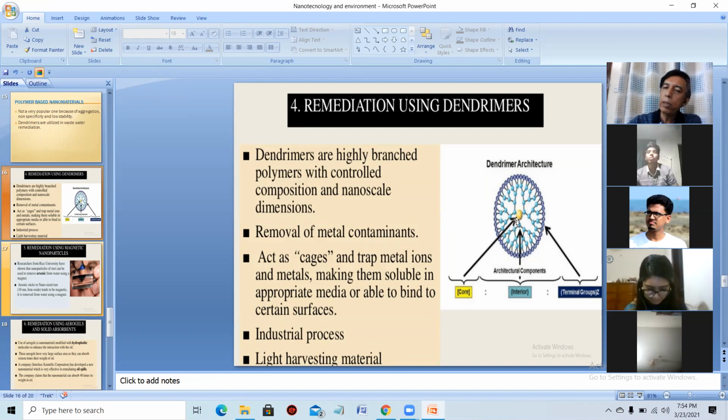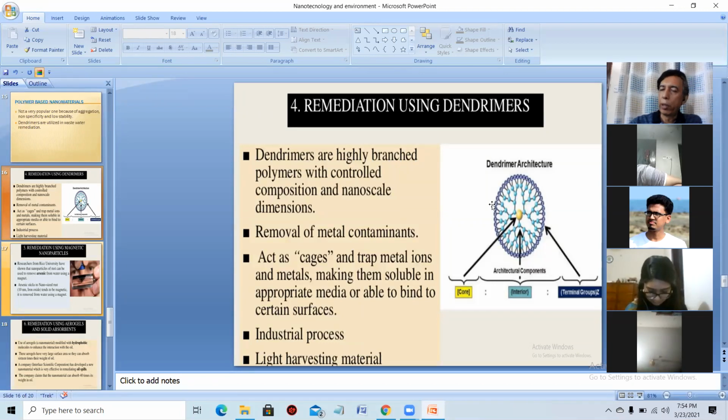The heavy metals can be trapped inside the dendrimer, or they can be adsorbed outside the dendrimer also, because in the dendrimers there are NH2 groups or SH groups at the periphery.